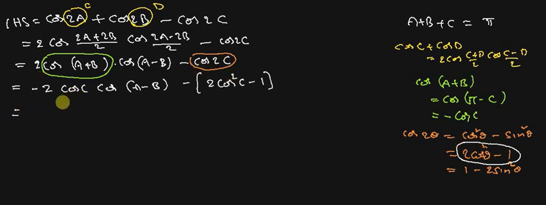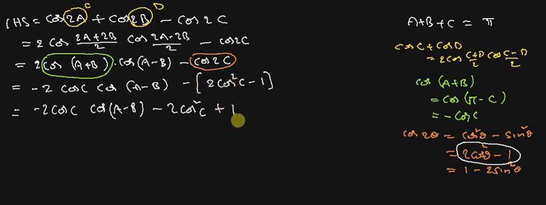So minus 2 cos c into cos of a minus b, minus 2 cos square c plus 1. Look at these three terms. The first term is minus 2 cos c cos of a minus b. The second term is minus 2 cos square c. The third one is plus 1.